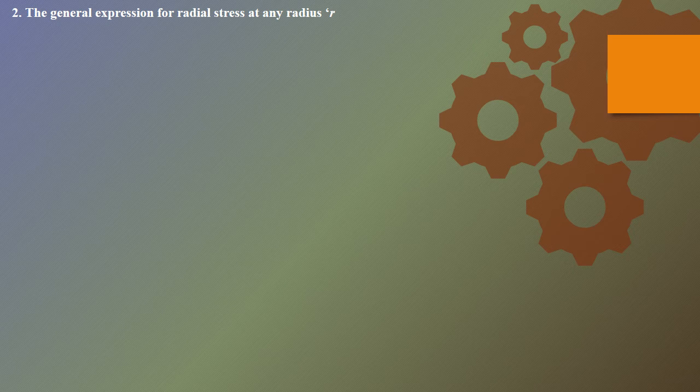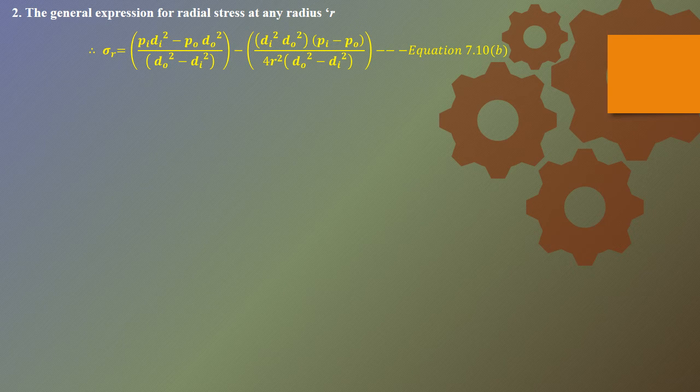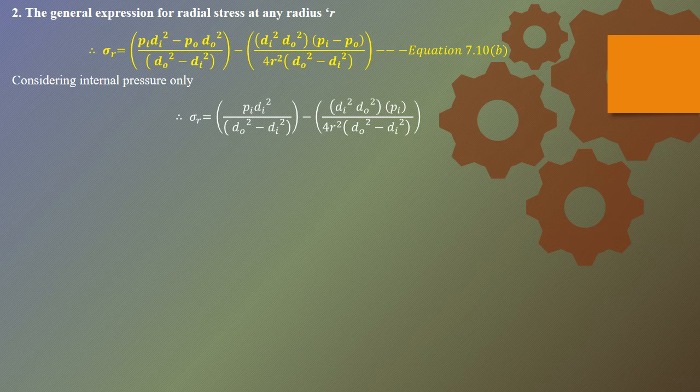So this is the general expression that has been derived earlier for the case of radial stress, and you can get this expression from equation 7.10b in your data handbook. So the same procedure we'll do which we earlier carried out for tangential stress.